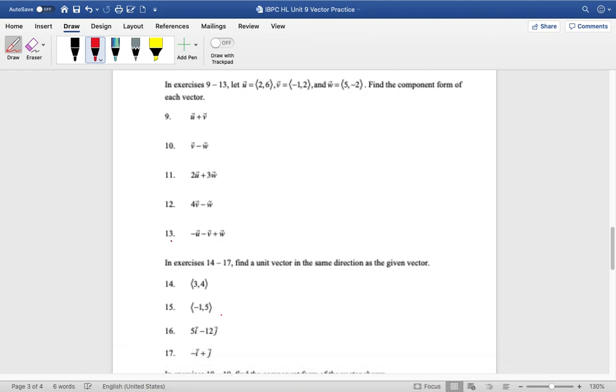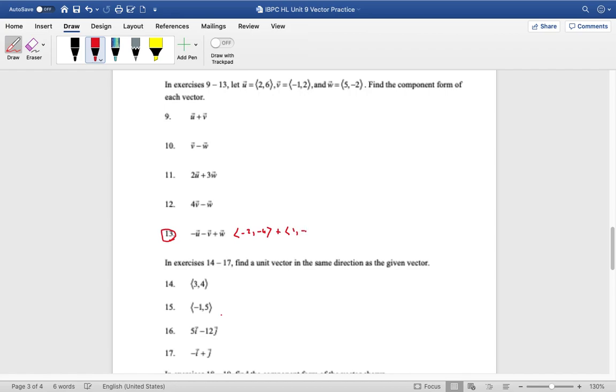So to do a problem like number 13, negate u. So negative 2, negative 6. And then it's asking me to negate v. So I'm going to write plus and then negate. Isn't it the same?